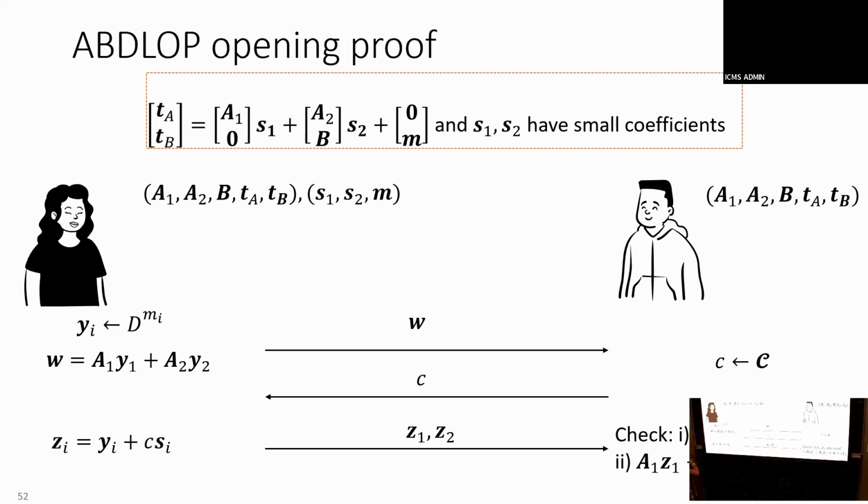I know that you have an S1, S2, which is small, such that A1, A2 times S1, S2 is TA times some small gamma. We don't know the concrete values, you just know that they are short and correspond to this commitment, approximately.